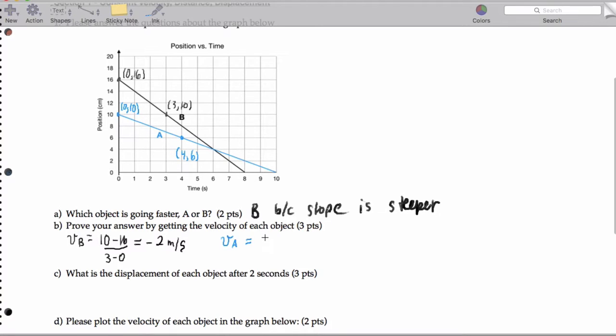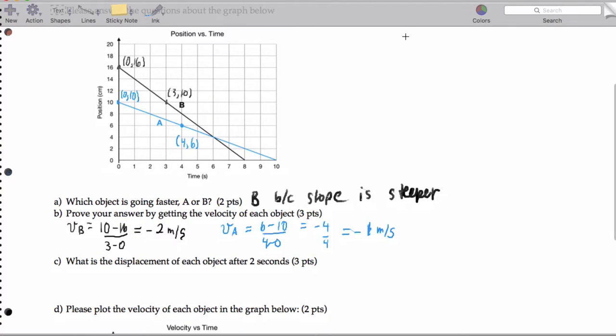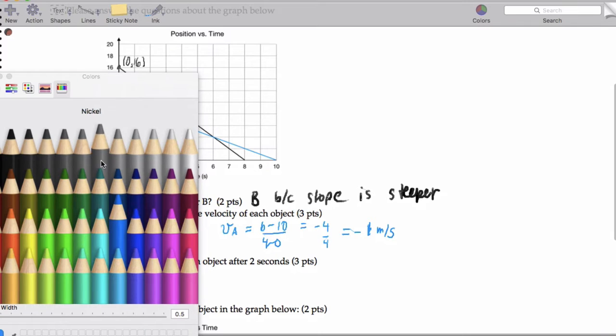So VA, let's get the rise over the run. That's going to be 6 minus 10 over 4 minus 0. So that's going to be -4 over 4, which is going to give us -1 meters per second.